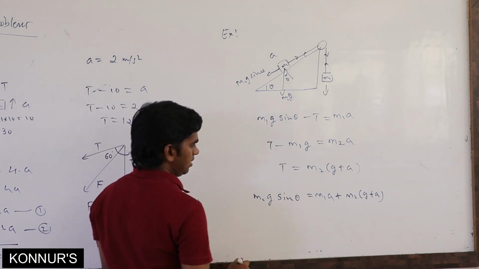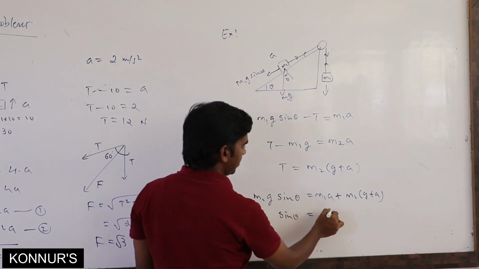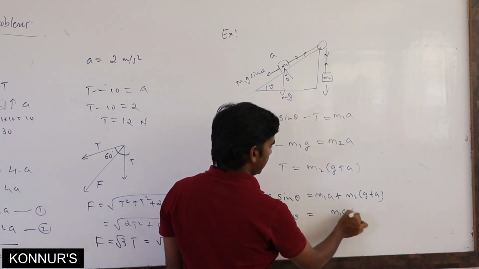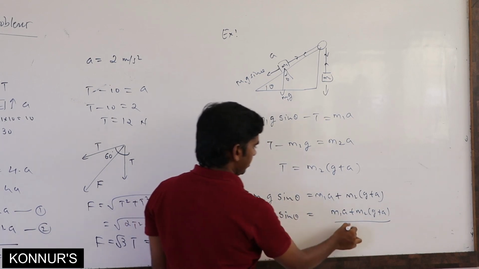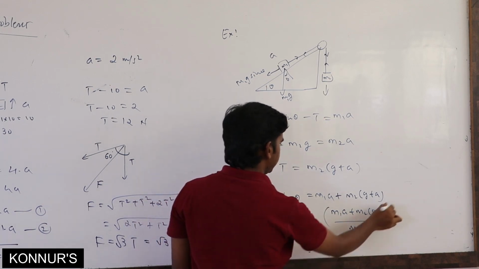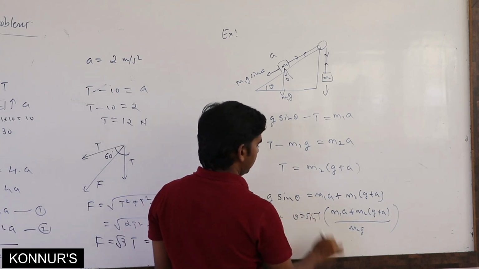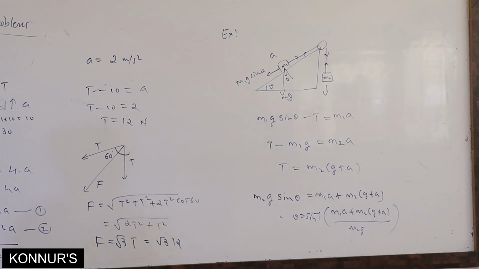How can you get the theta here? sin theta equals m1 a plus m2 (g plus a) whole divided by m1 g. If you take inverse of this, theta is sin inverse of m1 a plus m2 (g plus a) divided by m1 g.